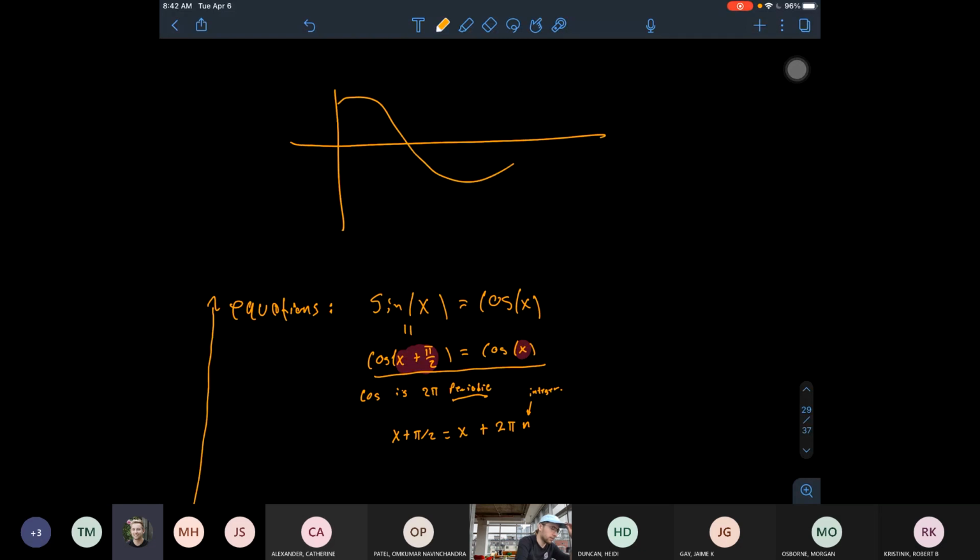We've got cosine of x, which is this repeating function. We know that it repeats on an interval of 2 pi, from 0 to 2 pi.